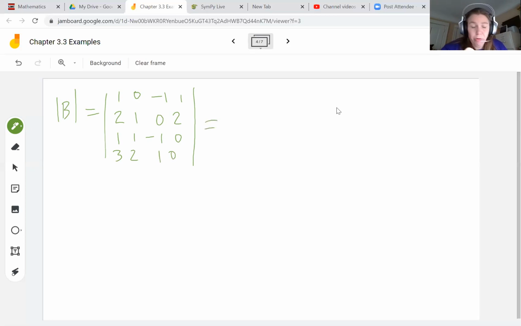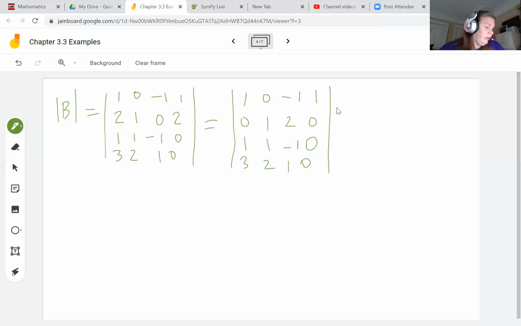So we can do reduced row echelon form here. Well, we'll just do some row reduction on row 2, so we won't go all the way to REF. Okay, so you can see now we've just got 2 spots to do here.